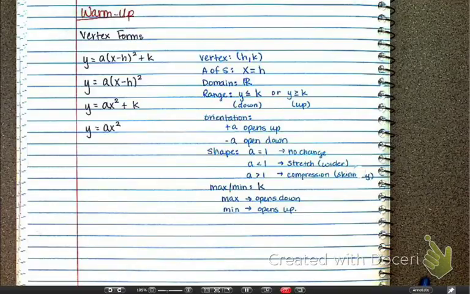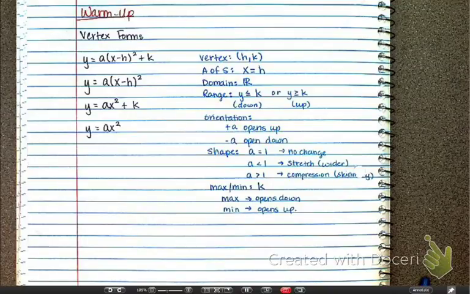Yes. Because the negative part tells you your graph opens down. The 2 is greater than 1, so that tells you it's a compression. Okay, so when you're dealing with compression and stretch, just look at the absolute value or the positive value of your a term. The negative and positive initially just tell you if it opens up or down. Okay?